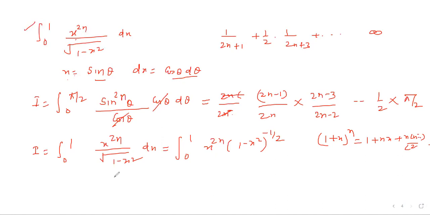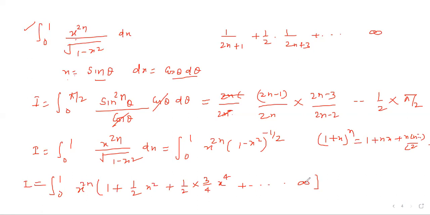So the same concept we are going to make use of. So I equal to 0 to 1 x power 2n times 1 plus nx, where n is minus half and x is minus x square. So this will become 1 by 2 x square plus n into n minus 1, that is 1 by 2 into 3 by 2 and x square, so this will become x power 4 and so on till infinite terms.